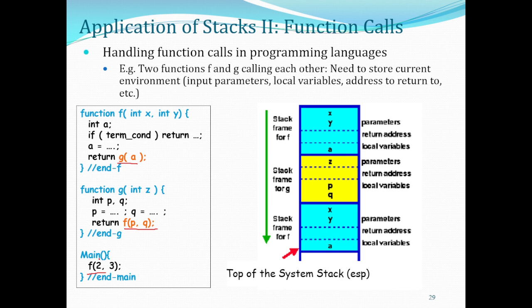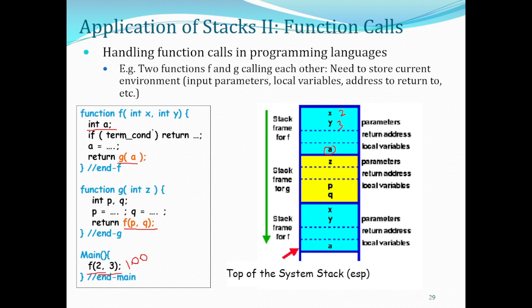So when in my main function I call f(2, 3), 2 goes here, 3 goes here, and then there's a return address, let's say 100. And then we write the local element, which is a, sitting here.